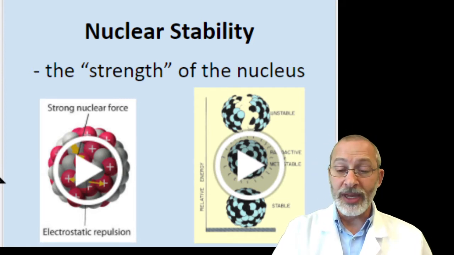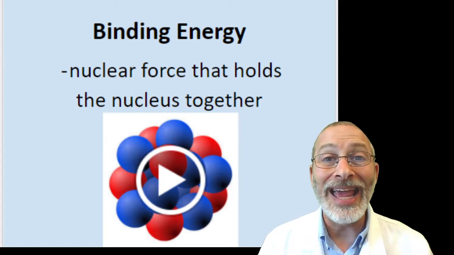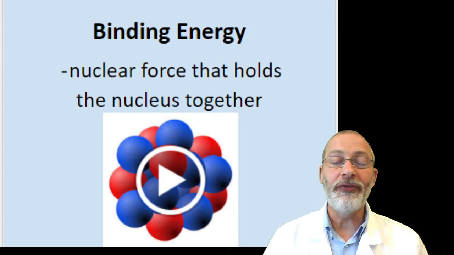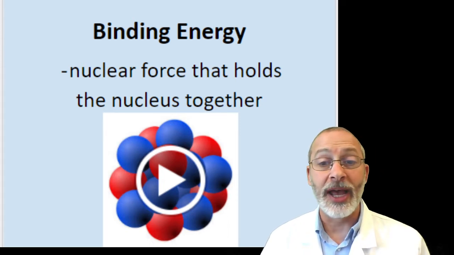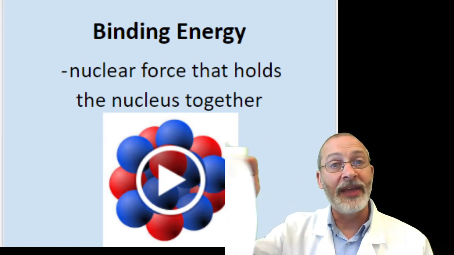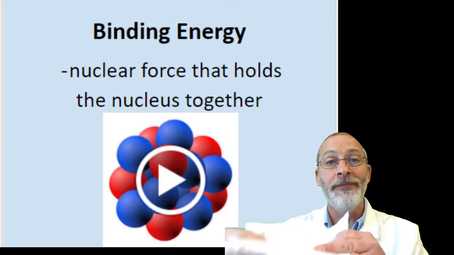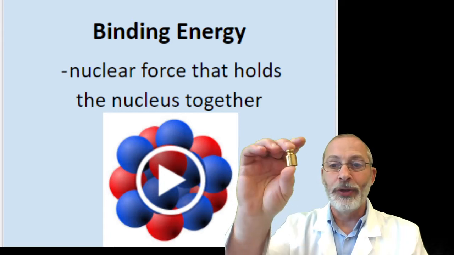And the name that we give to that is called the binding energy. Binding energy is the nuclear force that holds the nucleus together. Now, to illustrate that, I want you to think about this. I have a tissue here. Let's pretend that this tissue represents the binding energy in the nucleus of an atom. And I have a little brass mass here.